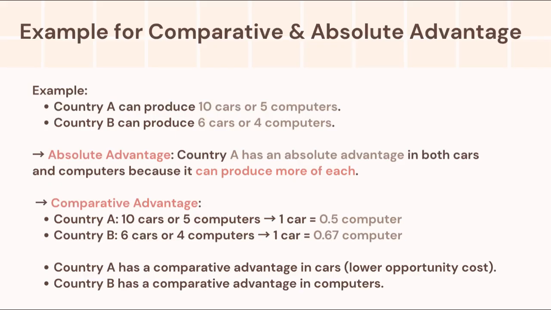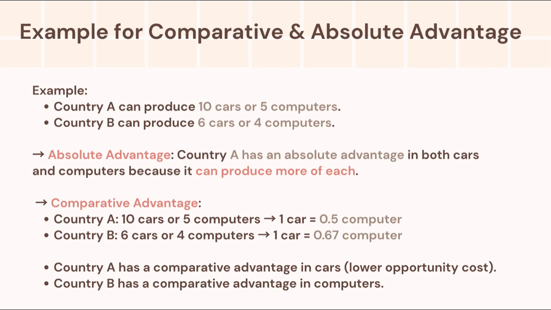Let's look at an example. Country A can produce 10 cars or 5 computers. Country B can produce 6 cars or 4 computers. Country A has an absolute advantage in both goods because it can produce more of each. But when we calculate opportunity cost, things change. For Country A, producing 1 car costs 0.5 computers.